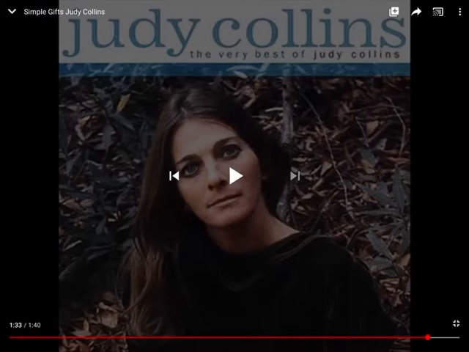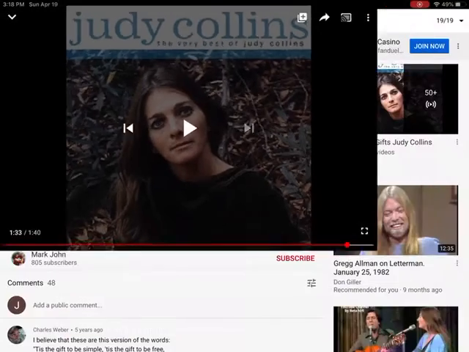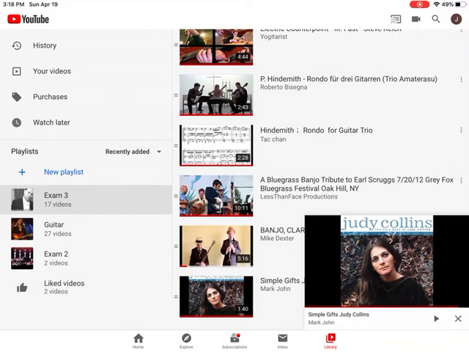Okay, there it is. All right, so there's Simple Gifts. So Copland takes that melody and he makes it a big part of his ballet, Appalachian Spring. And then it becomes so popular that he later reorchestrates this piece to be an instrumental piece.